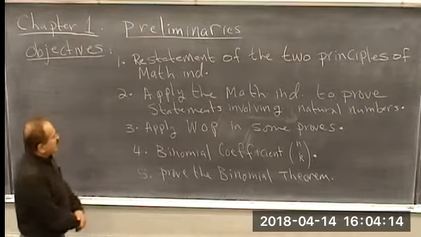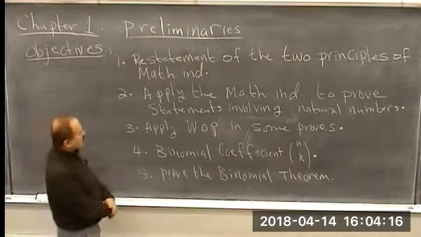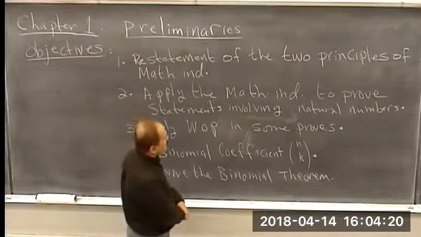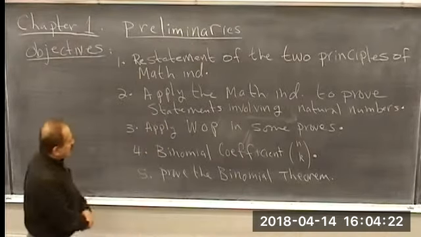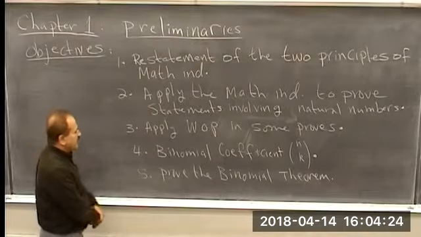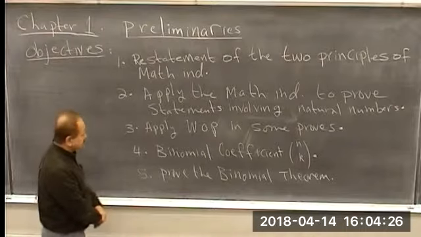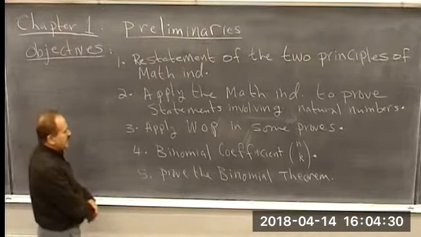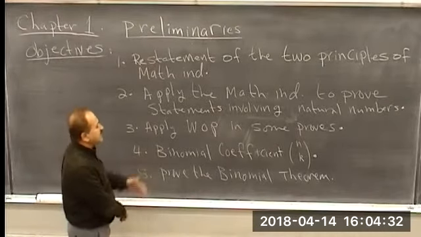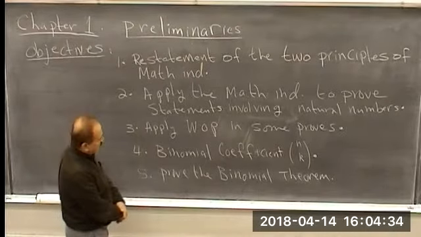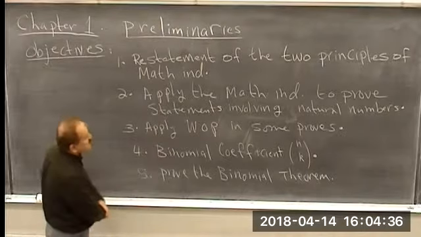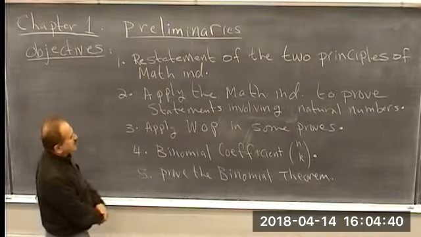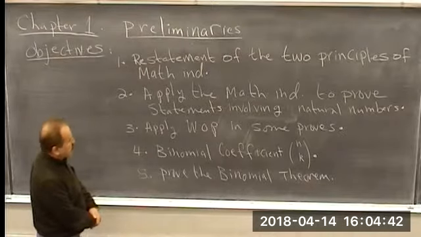Then we're going to look at some applications of the well-ordering principle to prove, again, some statements. Then we're going to introduce what is called the binomial coefficient. And then we're going to end with proving the binomial theorem. And we're going to see that the binomial theorem is a tool that we will be using in the proofs of other types of statements and theorems.